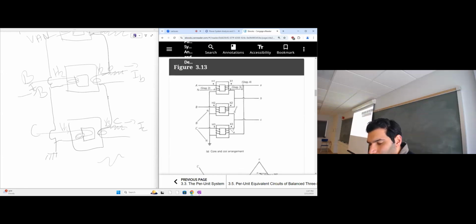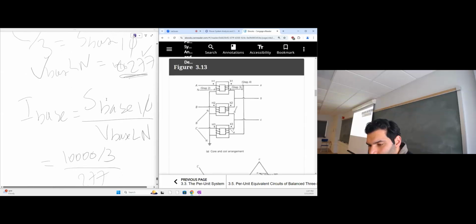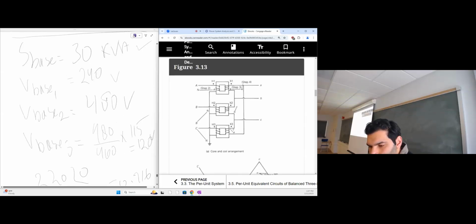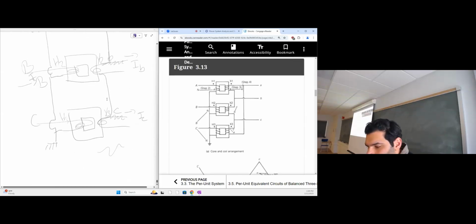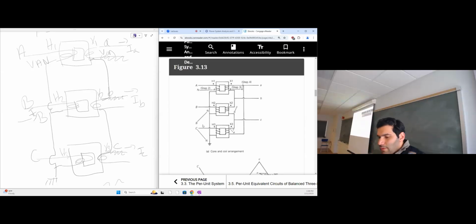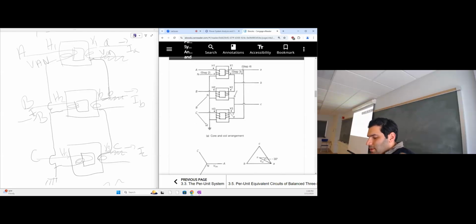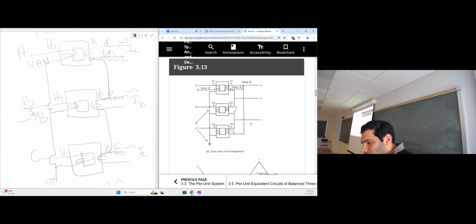So here in this circuit, I think we need to do the modification. The only thing that we have new here is that instead of a YY connection, the primary side is still the same. No change from the previous figure. On the secondary side, we see that we have a new connection now.